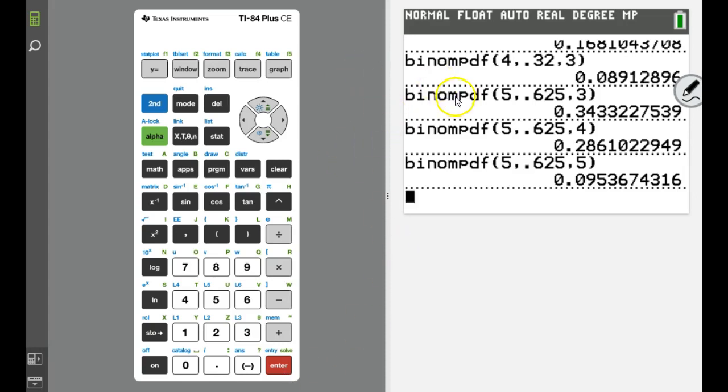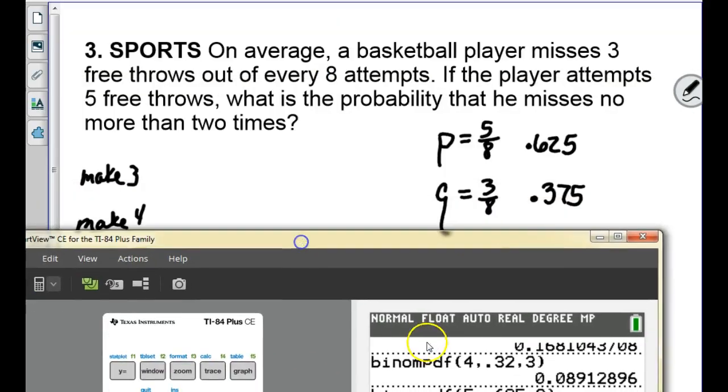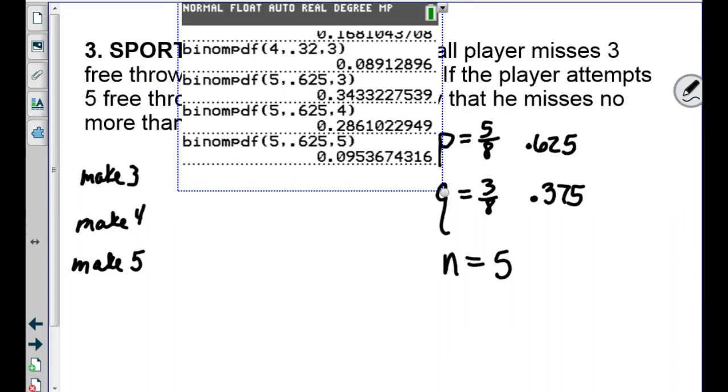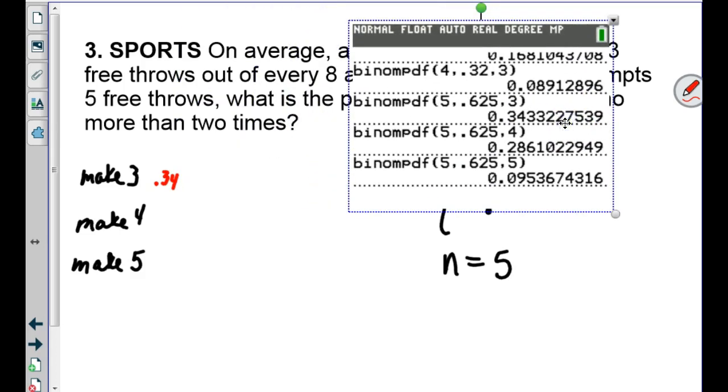Yes. So I'm actually going to move this onto here so that my notes have some numbers here. This one was 0.343, is that right? And the second one was 0.286 and 0.095.